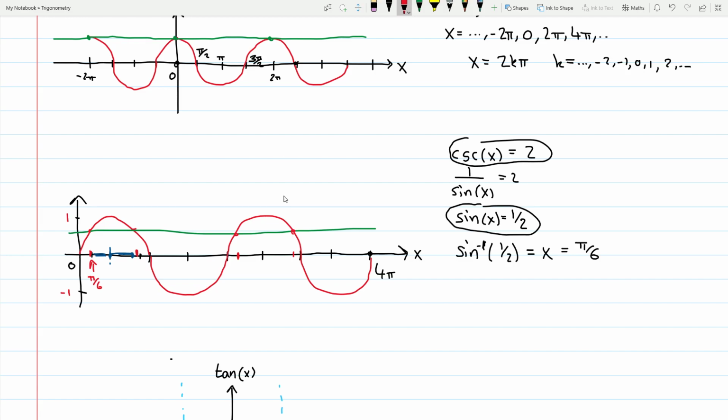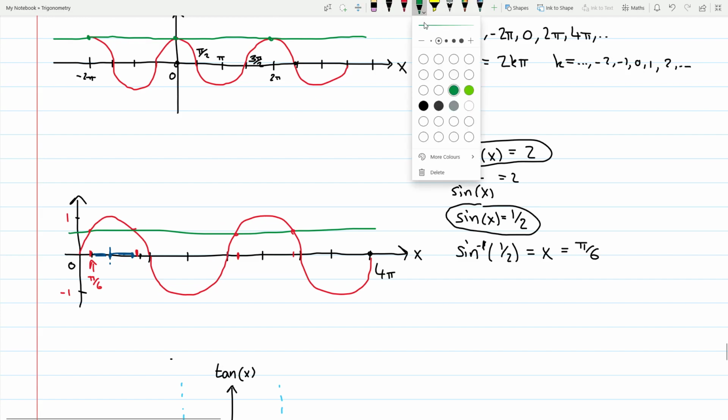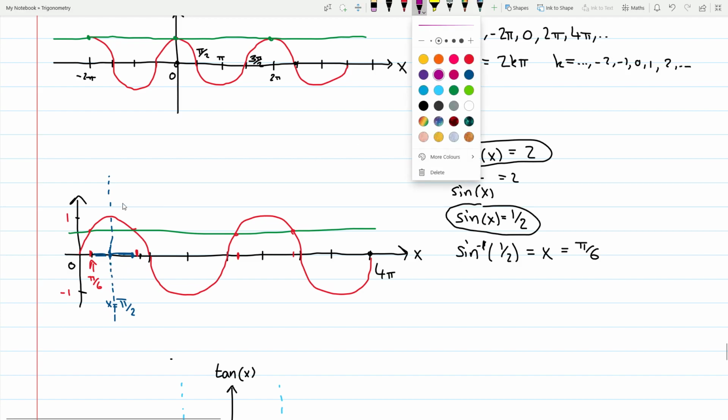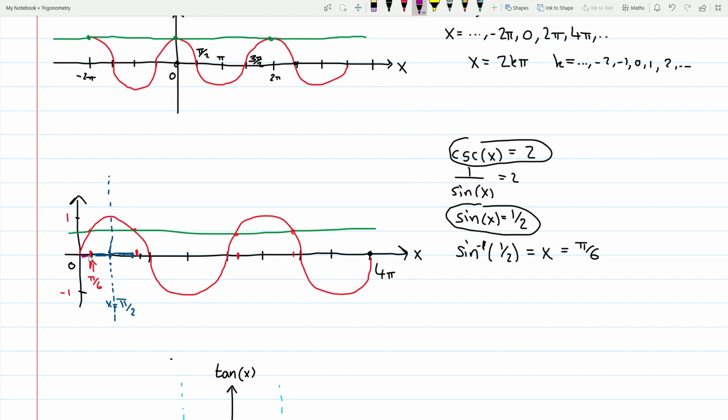So the way we actually do this is we use the symmetry of the graph. What do I mean by that? Well, remember that the sine function, if we draw a line right down here, is symmetric about this line x equals π over 2. It means that this length here, from 0 to π on 6, is the same as this length here, because of symmetry.